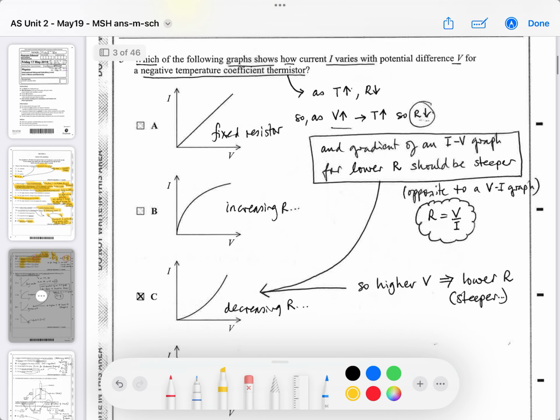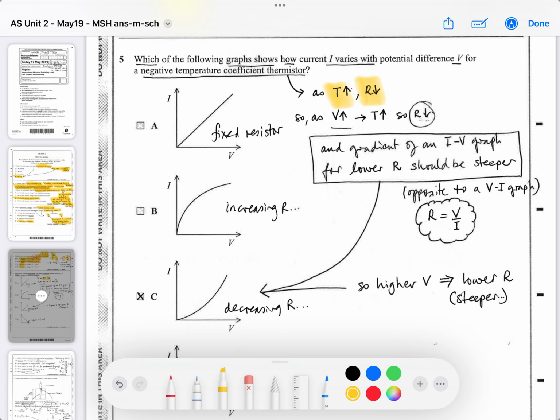Question 5. Which of the following graphs shows how current I varies with potential difference V for a negative temperature coefficient thermistor? Negative temperature coefficient means as the temperature goes up, the resistance will go down, so it correlates negatively.